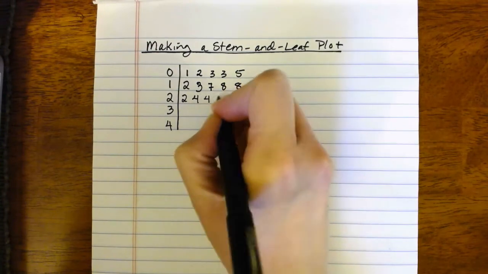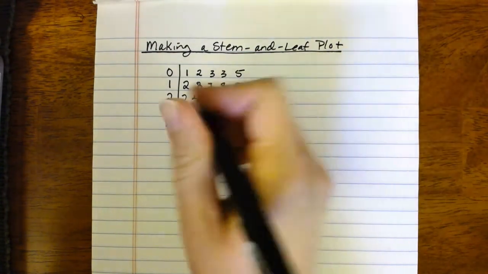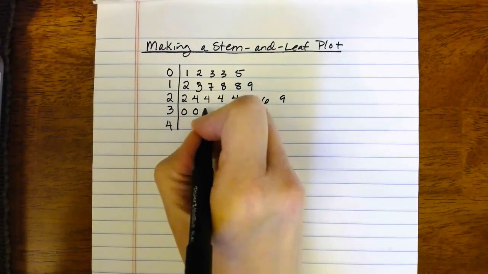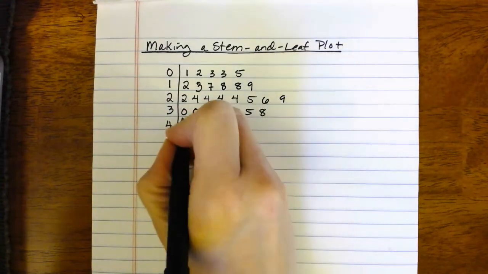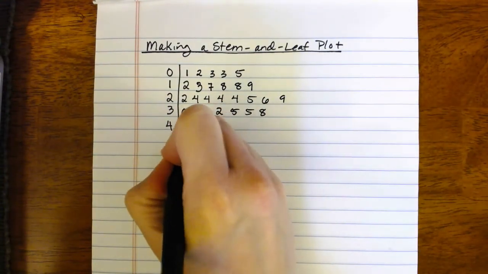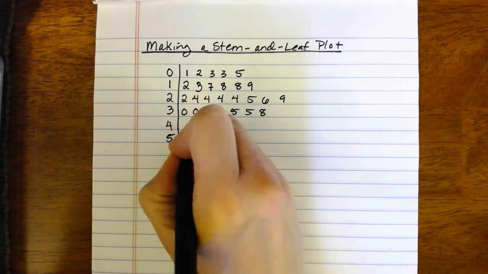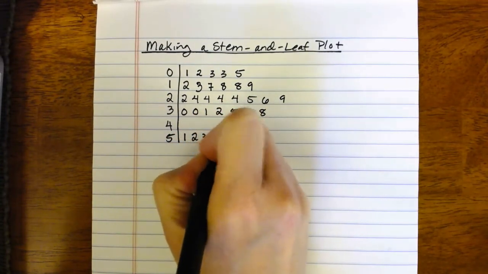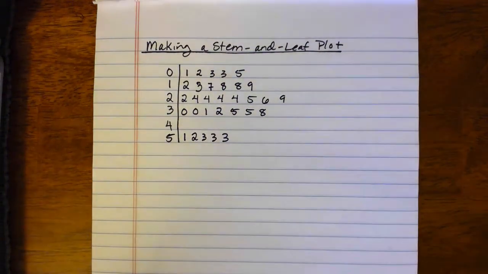Then 2, 4, 4, 4, 4, 5, 6, 9, then 0, 0, 1, 2, 5, 5, 8, and let's say there's nothing on the line with the 4, and then there's 5, 1, 2, 3, 3, 3. Okay, so let's say this is what we had for our stem and leaf plot.